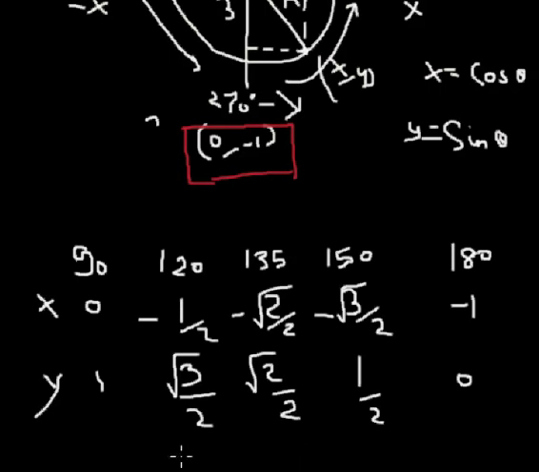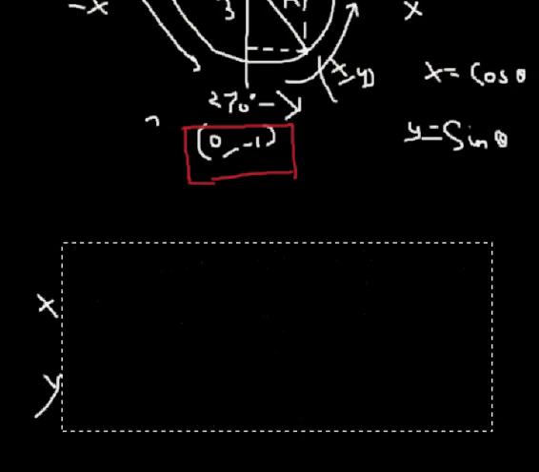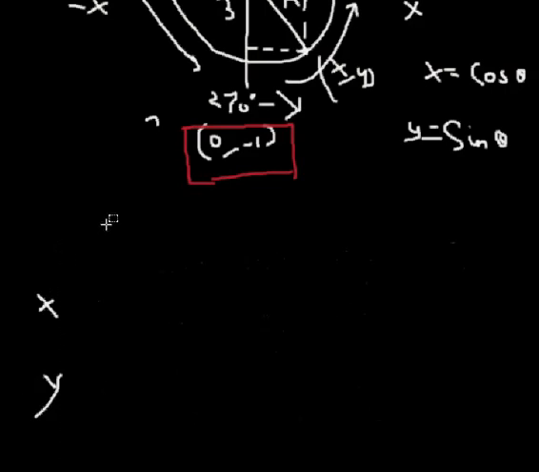Now suppose you want to find values for angles in the third quadrant. Once again, you remove everything and write down the degrees. This time I'm going to start from 180 to 270, and the middle values are 210, 225 and 240.